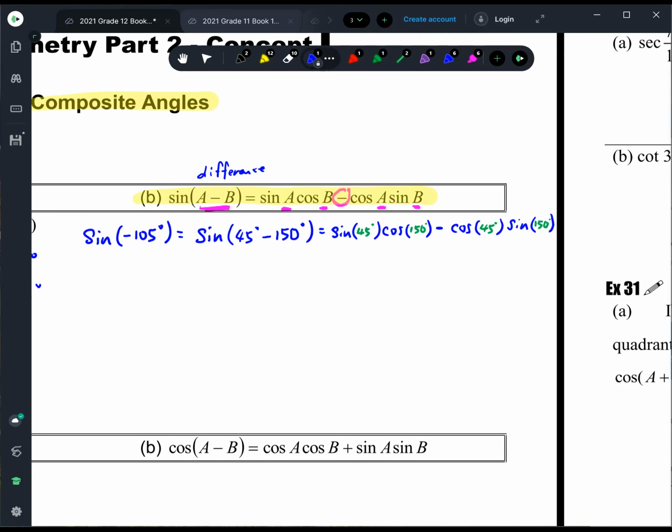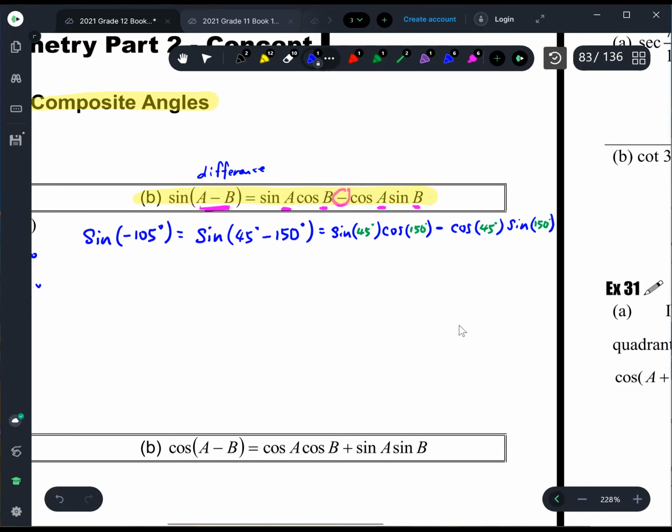So it matters if it's subtraction, right? If the question needs you to do adding, 45 plus 150, then it doesn't matter. 150 plus 45, 45 plus 150, it will give you the same answer. So with subtraction, you have to be careful.